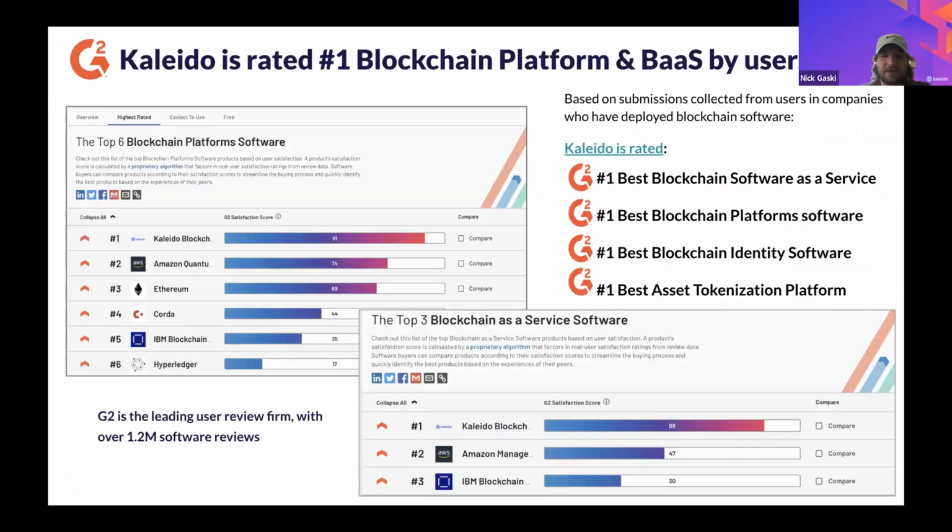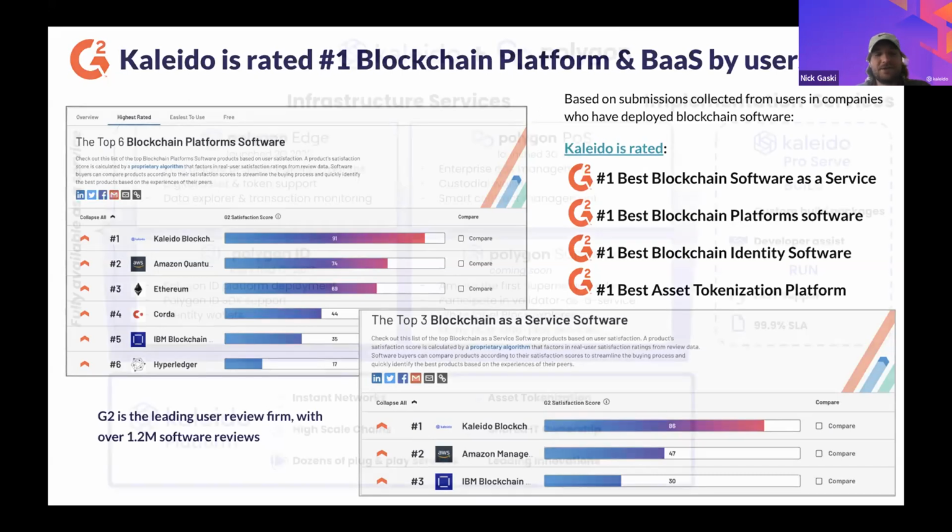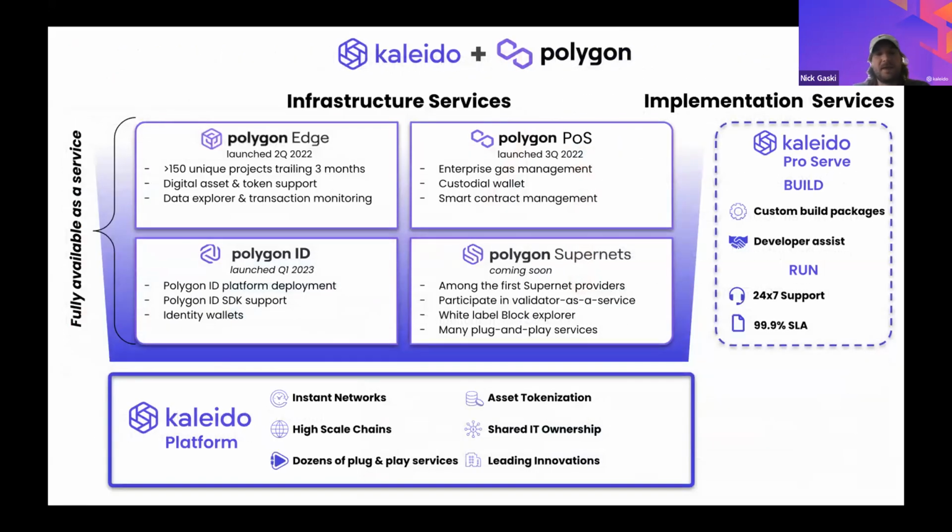Objectively rated #1 via G2, which is a very reputable software as a service sort of rating system. So feel free to compare and contrast Kaleido with other offerings. And then lastly, Polygon specific. Really love the Polygon team, love the developer ecosystem, love some of the really, really fascinating bleeding edge technologies that they're implementing.